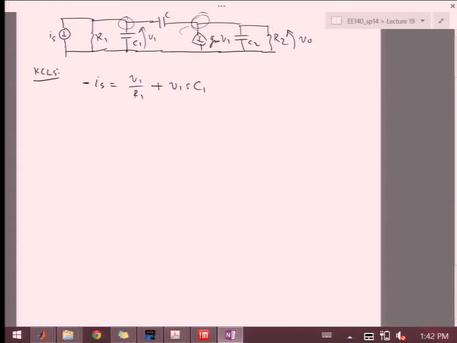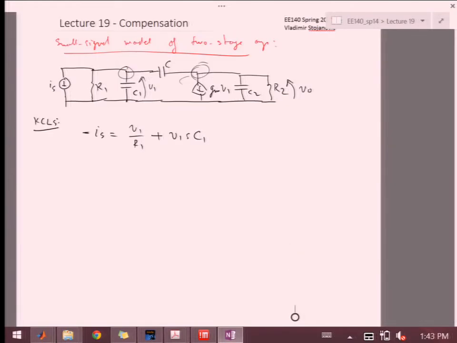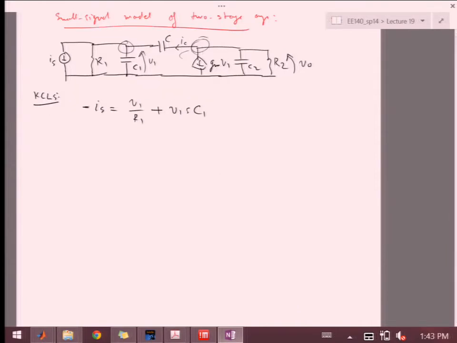That's this current. And then we'll have a difference going through the capacitor. We can call this IC. Okay, so that will be the first KCL.